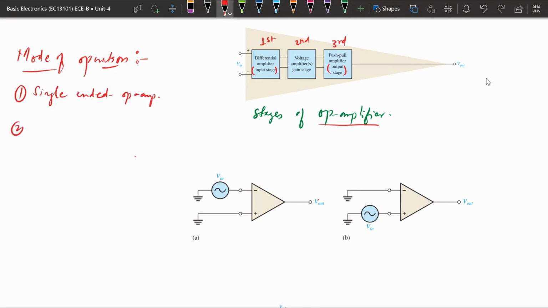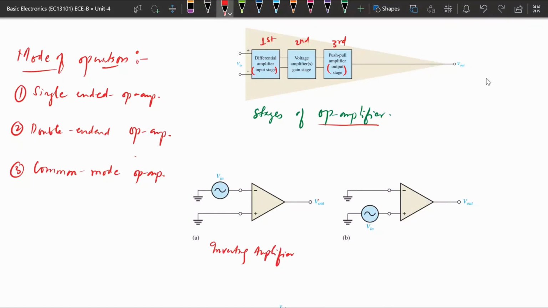Similarly, if two inputs are connected to both of the input terminals, that is called double ended. In single ended, if the input is connected to the inverting terminal side, it is called an inverting amplifier. What is the meaning of inverting amplifier?